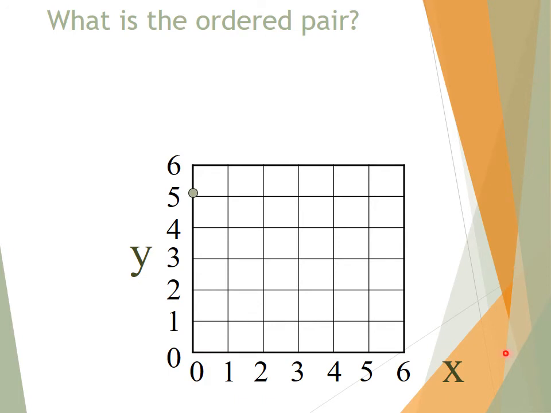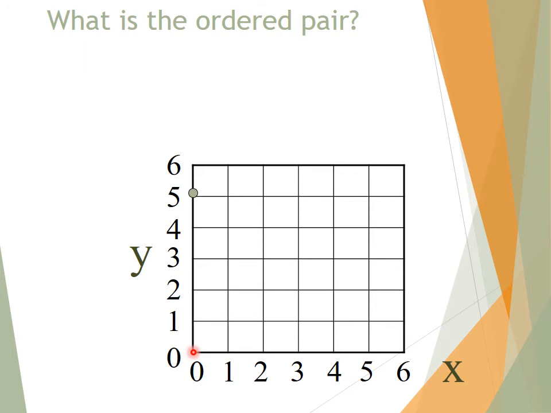Move to another example. The point is right on the y-axis now. So what should happen? We should move always along the x-axis first. But we can see the point is right over here, right? Along the x-axis, it is right at 0. If we go vertically down, we can see we are right at 0 along the x-axis.